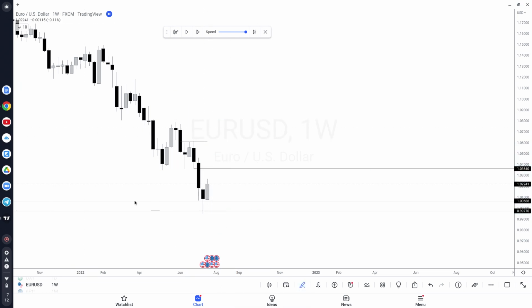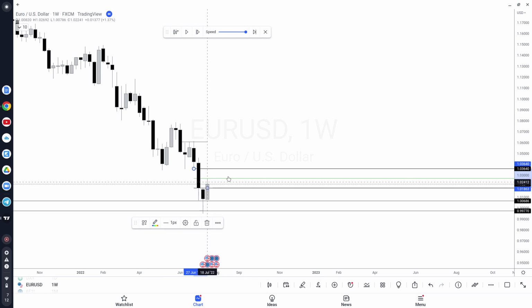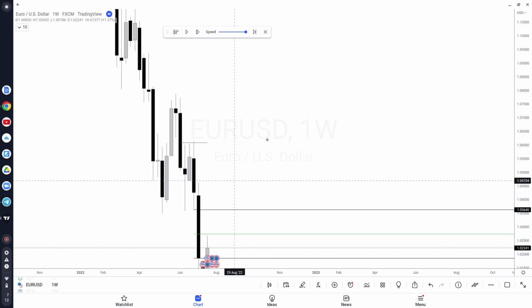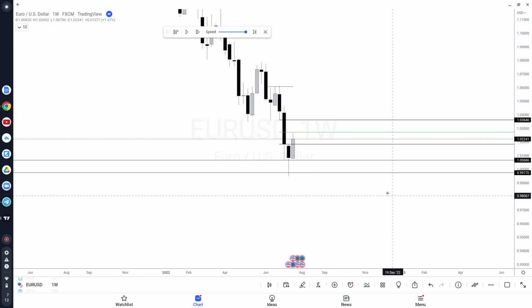And then also if we measure from here to here, we'll see that price has reached 50%, or the 50% mark of the overall fair value gap.